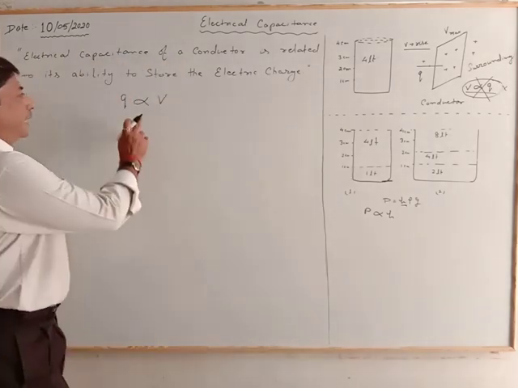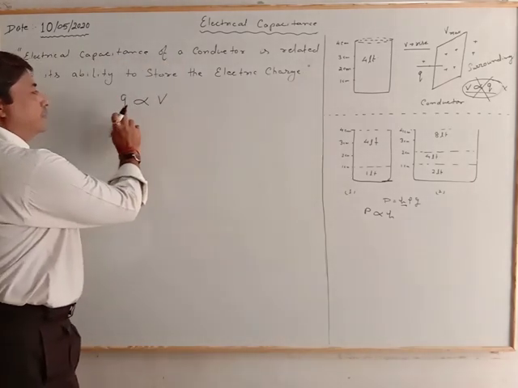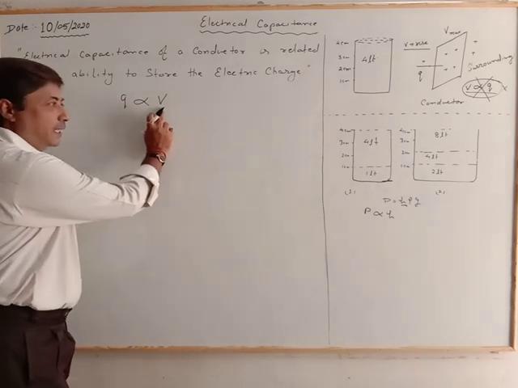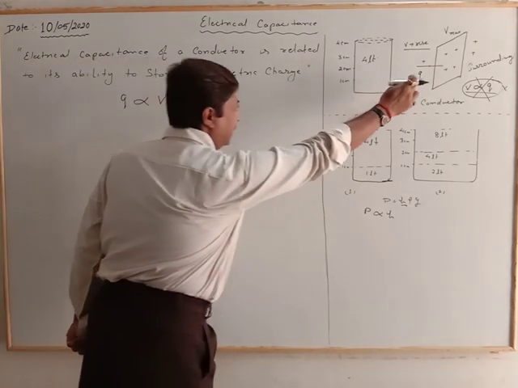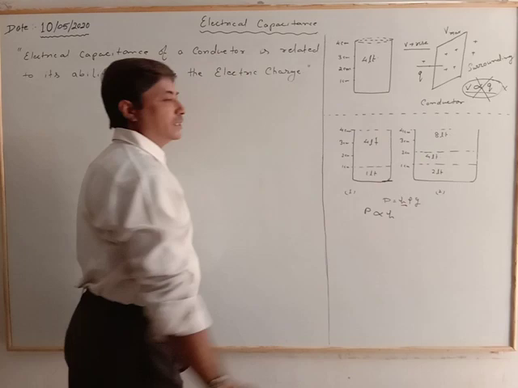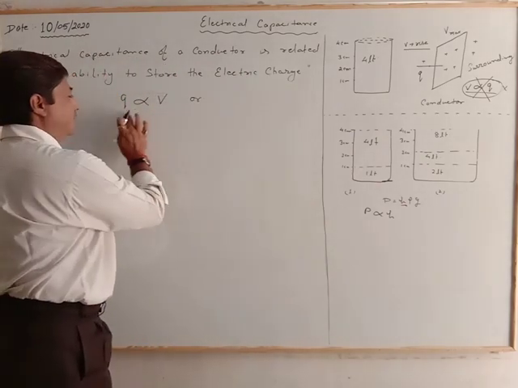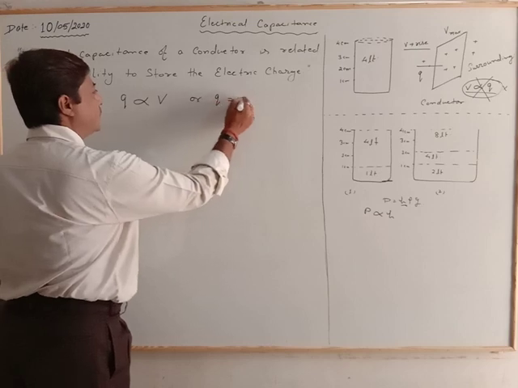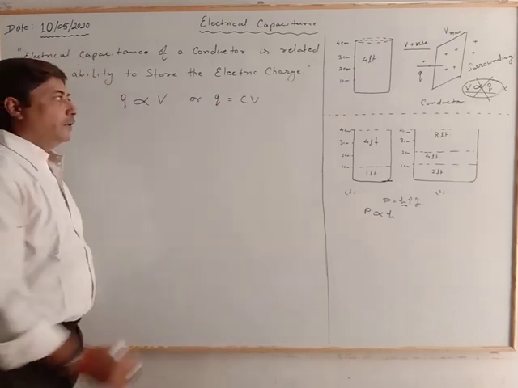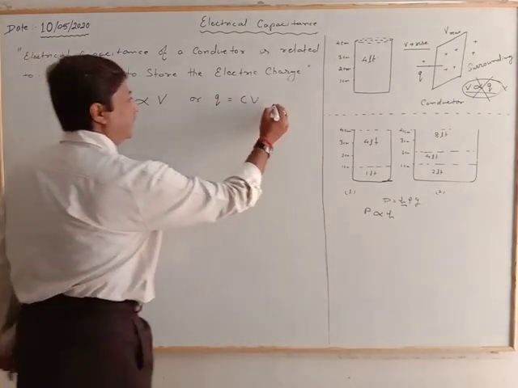Here we will find that the charge is directly proportional to the potential. That means the storing ability, that is the charge the conductor acquires, can be written as the equation Q = CV, which becomes equation number 1.